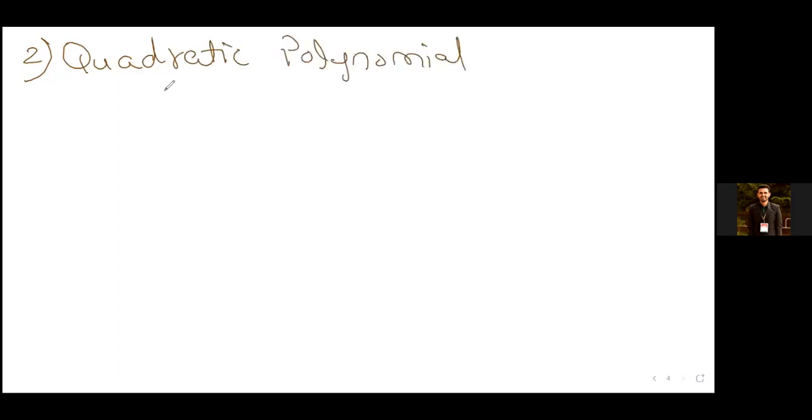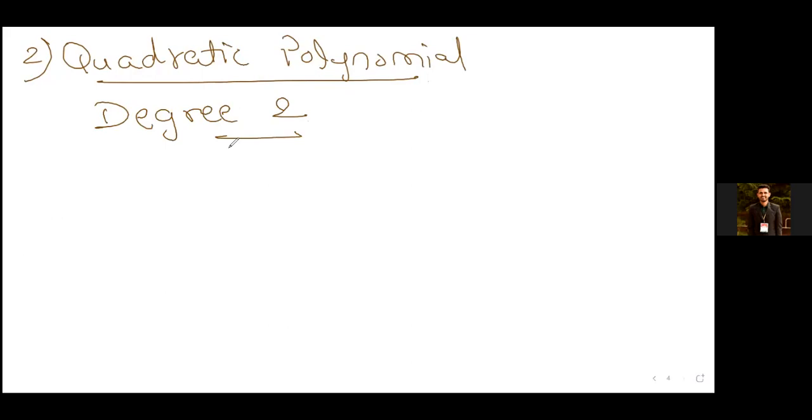And similarly, there is a second type, that is a quadratic polynomial. Can anyone tell me what is this quadratic? Yes, exactly. So this is degree 2 polynomial. These polynomials have the degree of 2.